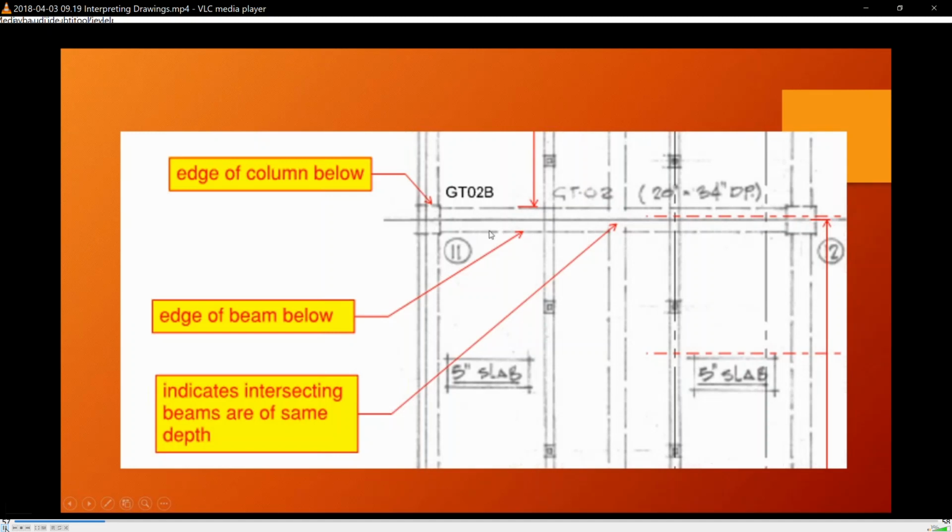And like I said, the edge of the beam below, the edge of the column below. If the element is dashed, that means it's below the slab. If it is a hard line, that means the element protrudes above the slab, like to a bollard level or a rail height level, a few feet above the slab. If this column was indeed a hard line, that means it extends up above the slab.